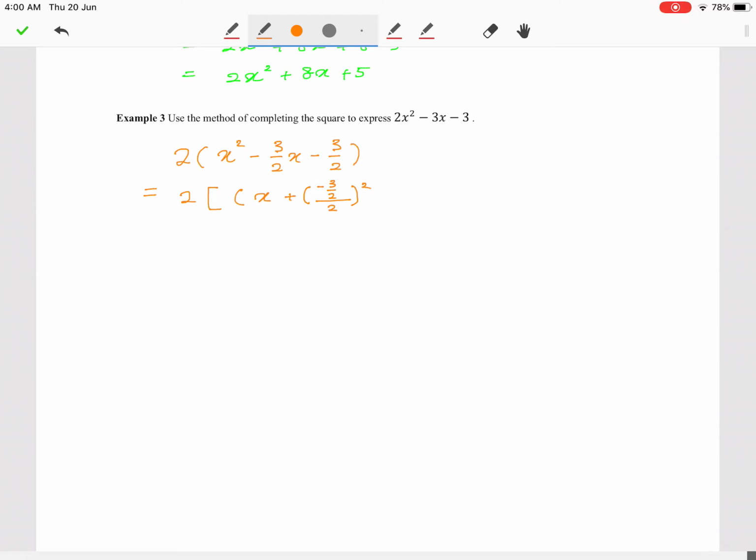So I close the bracket, I square, so minus, what is your value of b again? Negative 3 over 2 divided by 2, squared. Then minus 3 over 2, close bracket.